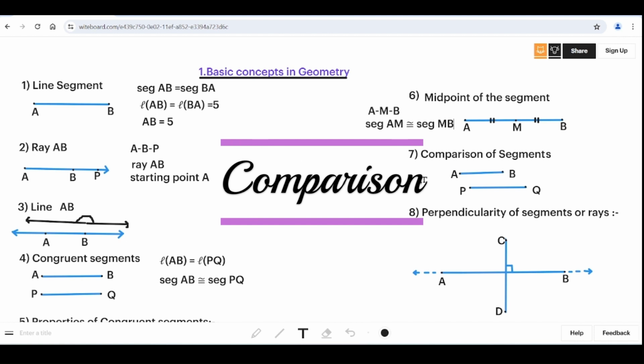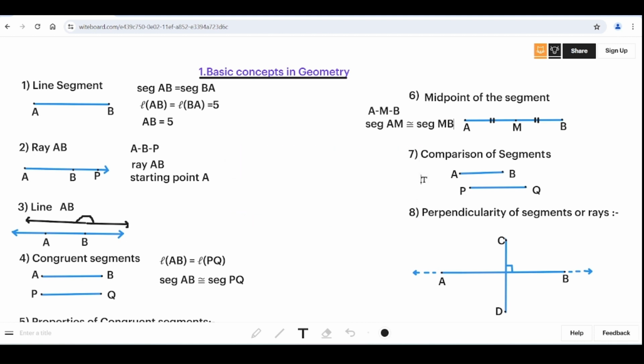Now let's see the comparison of segments. In comparison of segments, we do the comparison from the length of the segment. Now see, we can see here two segments, segment AB and segment PQ. So segment PQ is a little bit longer than segment AB.